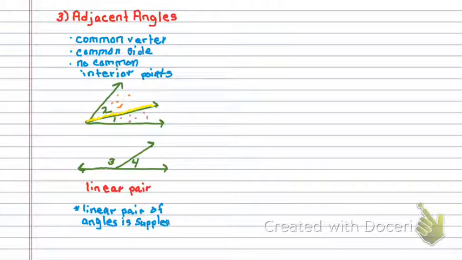They're linear, a line. They're supplementary. So a linear pair of angles. Again, linear pairs of angles are next door neighbors.